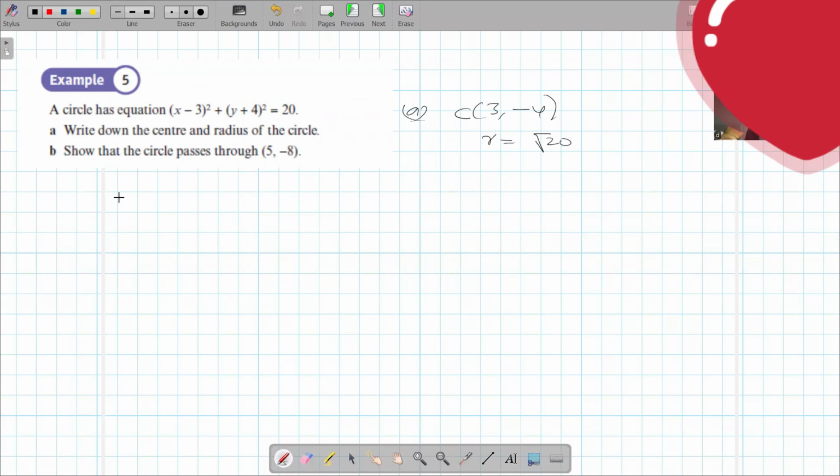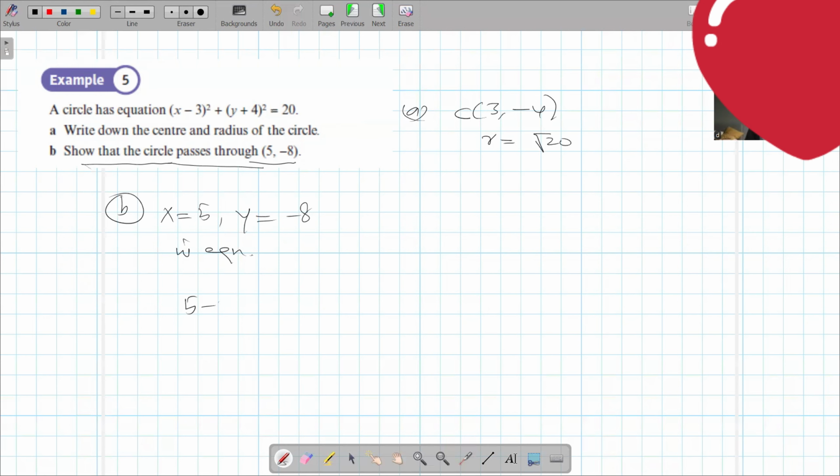And part B, show that the circle passes through this point. How can we show that? Just put them into the equation, right? Yeah, exactly. Put x equal to 5 and y equal to -8 in the equation of the circle.